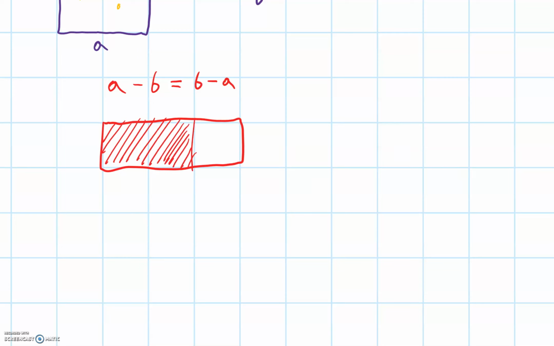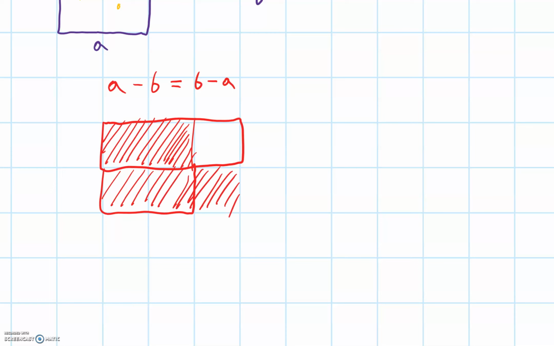Okay, not too shocking. But if we do it the other way, where we have 2 squares, and we take away 3 squares, well, this one is left with 1, and this one is left with -1. So actually, they are different values if we subtract one from the other or the opposite way around.